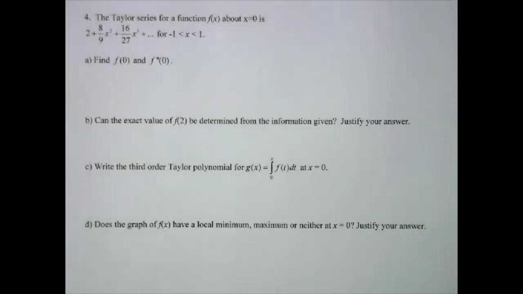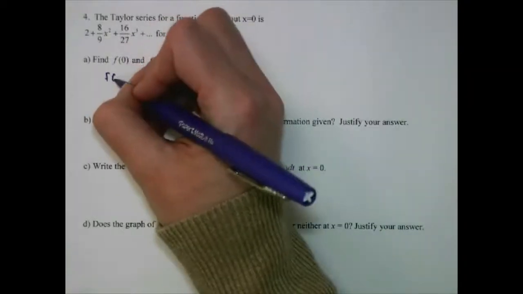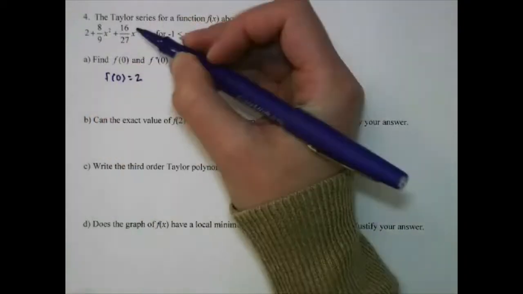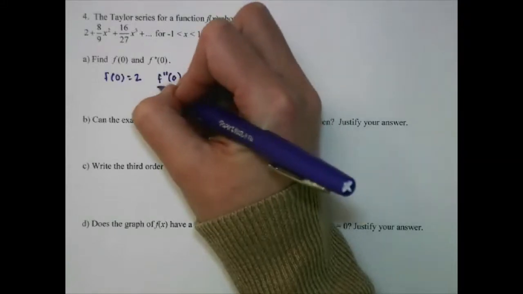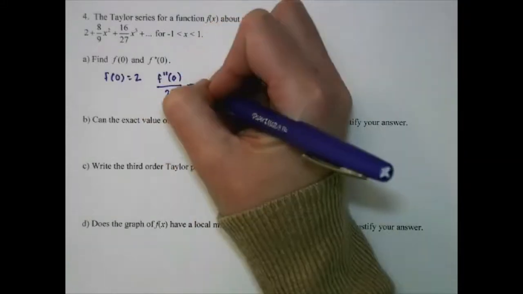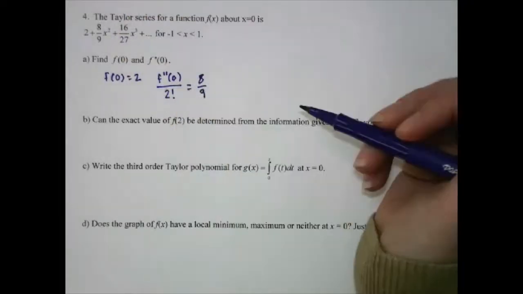All right, we got another Taylor series. And this is a pretty classic question from the Taylor series given specific values. So f of 0 is going to be 2. For the second one, we know that the second derivative evaluated at 0 divided by 2 factorial resulted in 8 over 9.